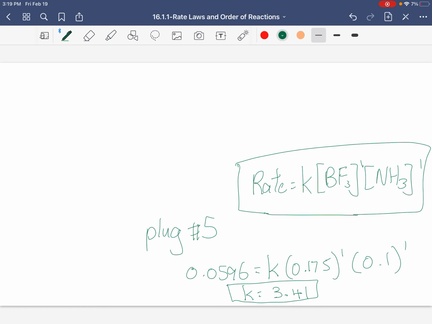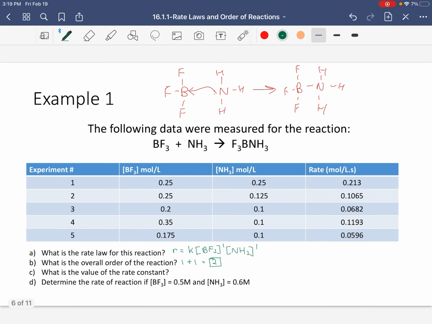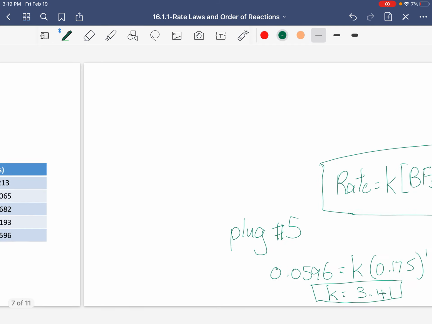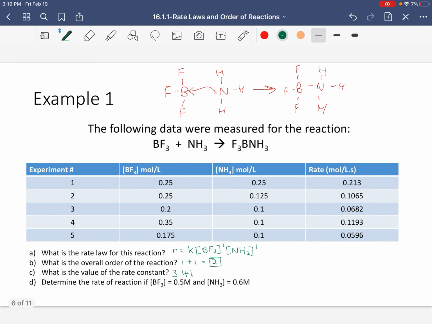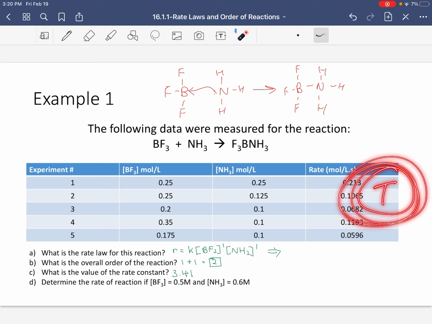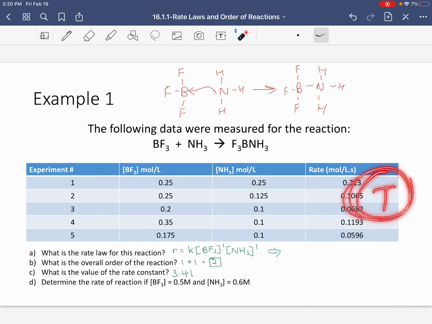Okay, let's put this back in right here. 3.41. Now, what people will do here is that they will just fix the rate law, because right now your rate law is a little bit more complete. That for this reaction at a certain temperature, remember, T is very, very certain, because if T changes in any of these reactions, this right here is incorrect.